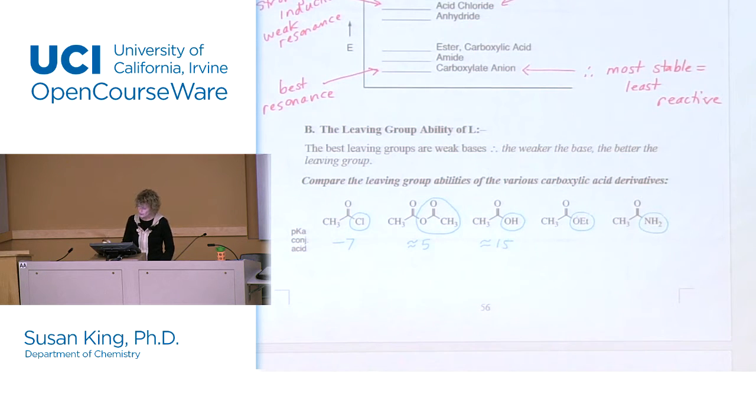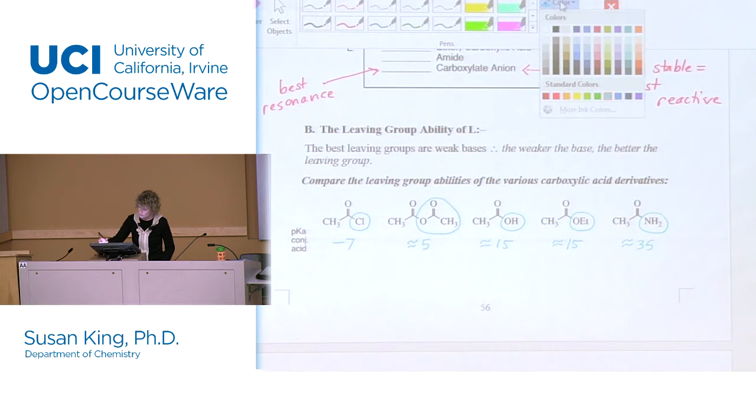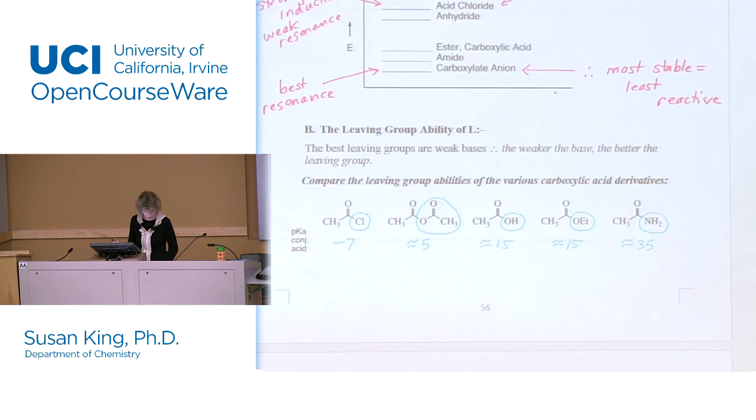And likewise, here we have ethanol as our conjugate acid for that leaving group, and that's also about 15. And then NH2 minus, we'd look at the pKa of the conjugate acid, which would be ammonia, that's about 35. So most of these we know rounded to the nearest 5, on those few pKa's that I want you to know. So what we can see here is that we have increasing base strength as we go this way.